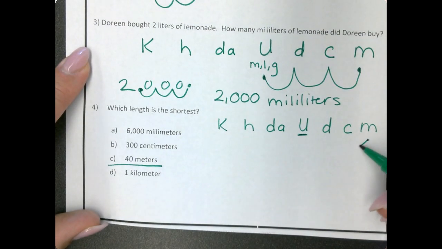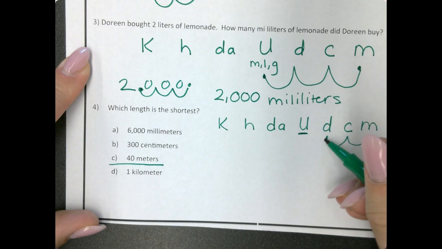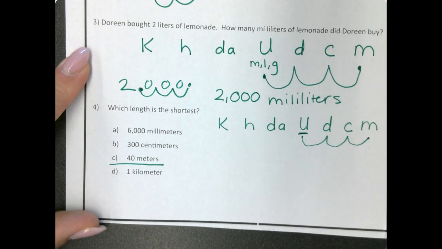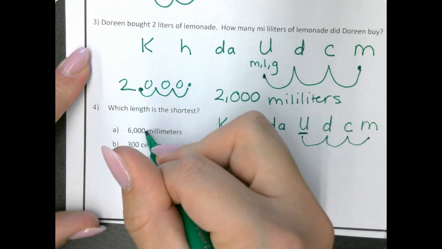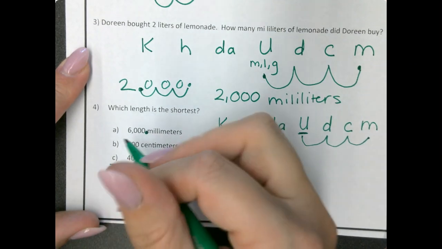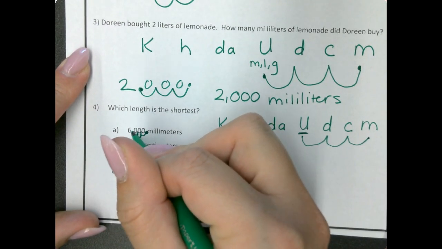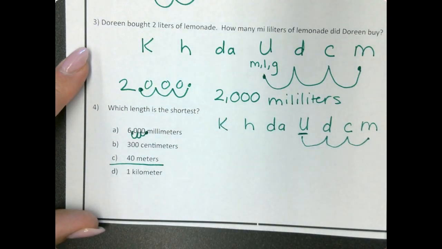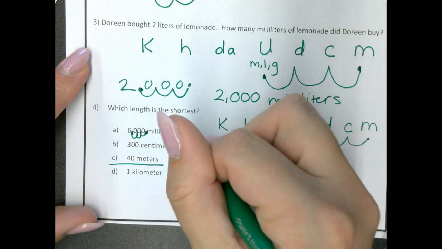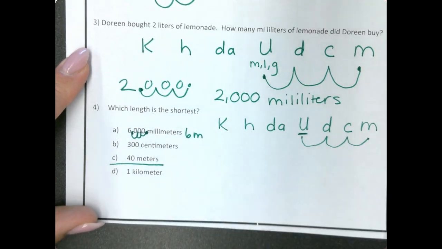So we have to go over 1, 2, 3. So here's my decimal at the end. 1, 2, 3. So 6,000 millimeters is how many meters? 6. So we can write 6 m.